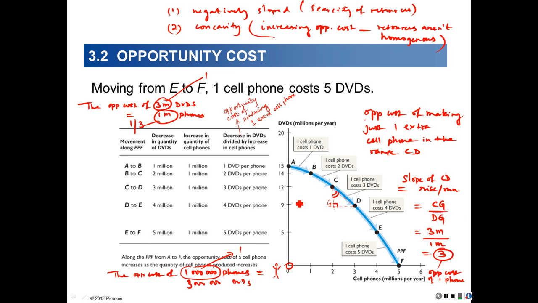You're trying to convert angle GCD into a slope. Is that right? And what's the rise in that case? GD. And what's the run? CG, correct? And so that would be GD divided by CG, and GD is 1 million, and CG is 3 million, and so you have 1 million divided by 3 million, which is 1/3.